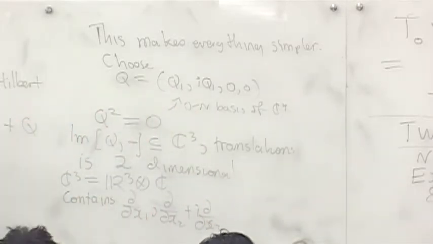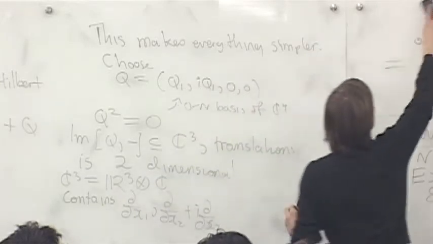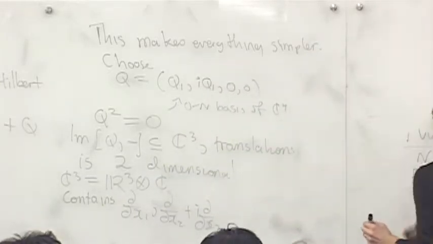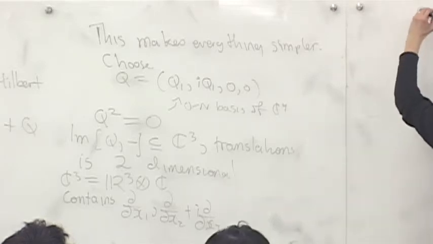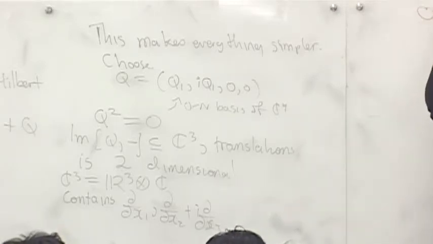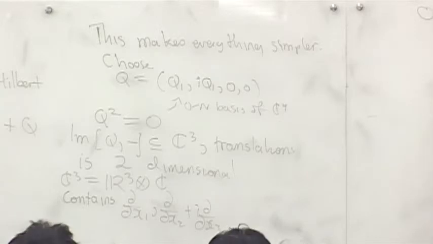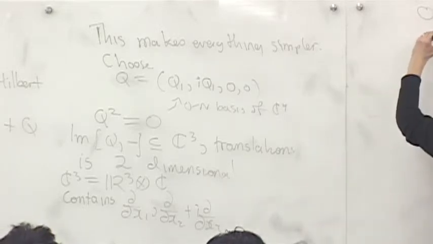Now, things in the image become trivial. Operators which live in the image of Q are trivial in the twisted theory.